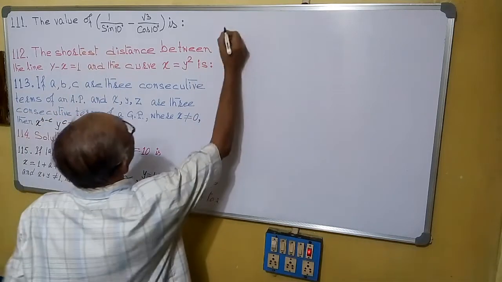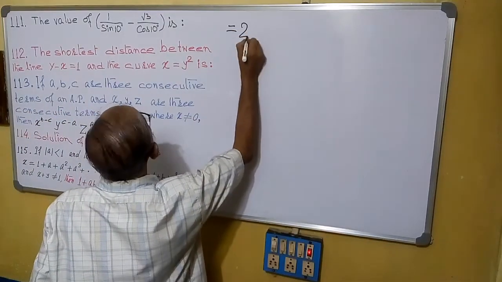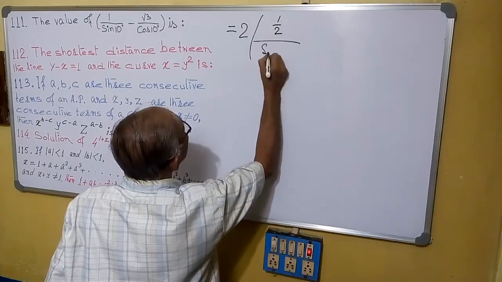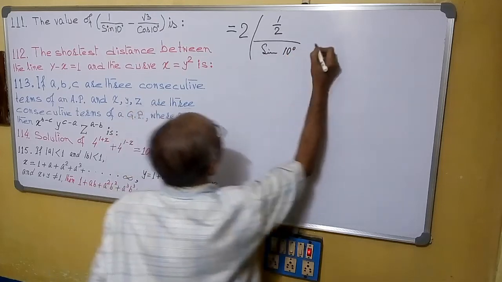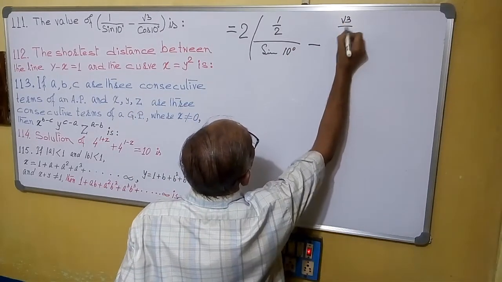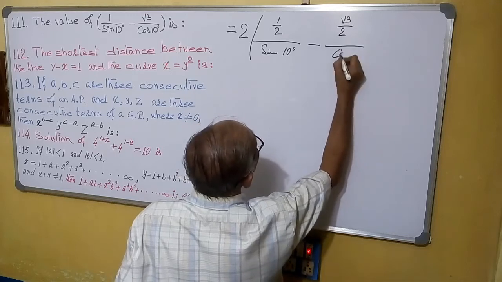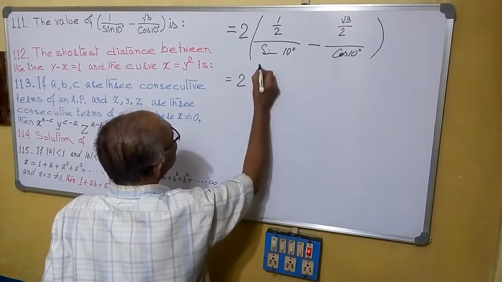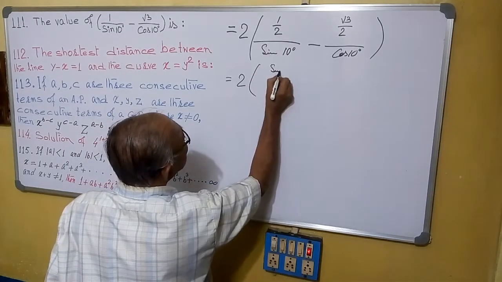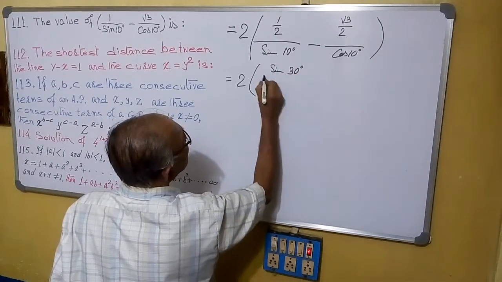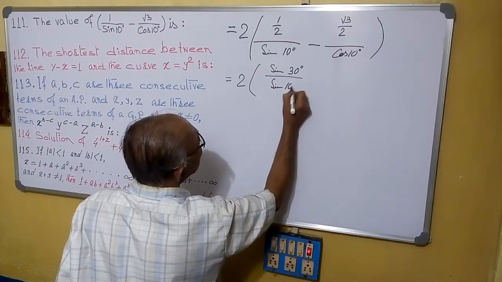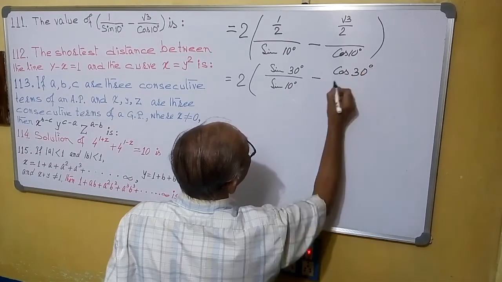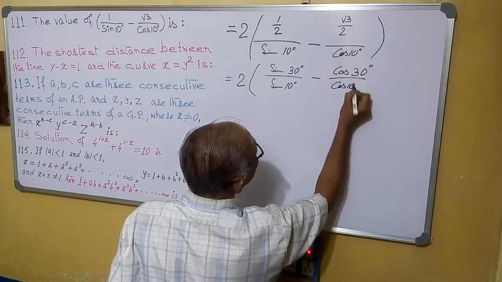This one equals to, we can take 2 common. So it will be 2 into (1 by 2 by sin 10 minus root 3 by 2 by cos 10). Half we can write as sin 30, and cos 30 is root 3 by 2. This is equals to 2 into (sin 30 by sin 10 minus cos 30 by cos 10).